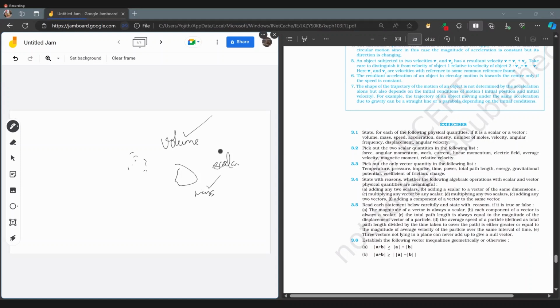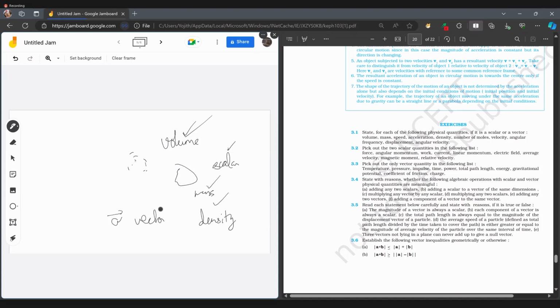Okay, so mass is a scalar. Volume is a scalar, and then we have speed. Speed is a scalar quantity, of course. Acceleration has direction and magnitude, so it's a vector. Then we have density. Density is a scalar.